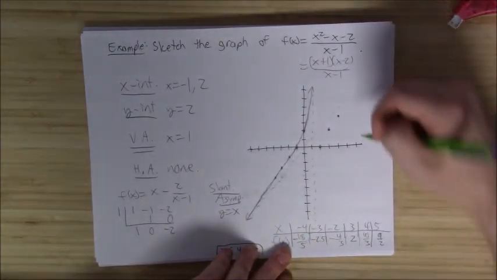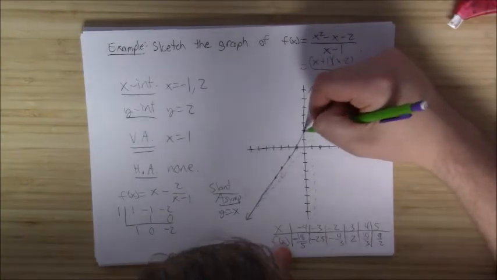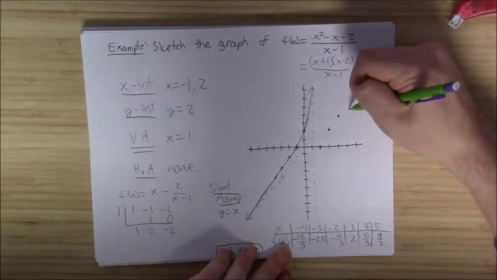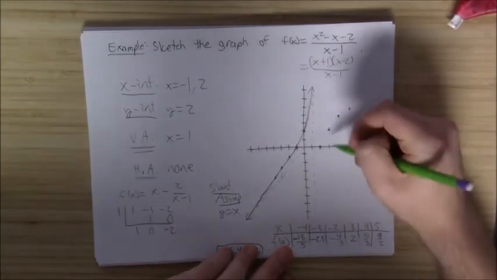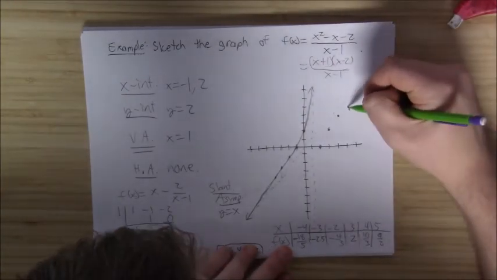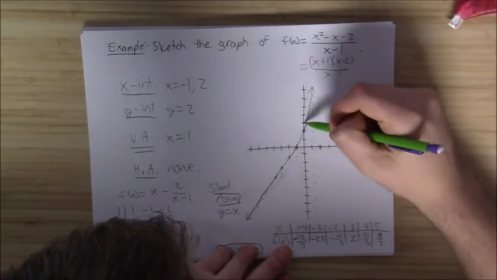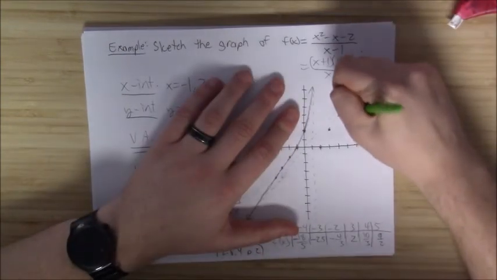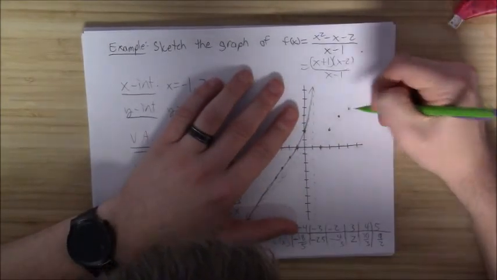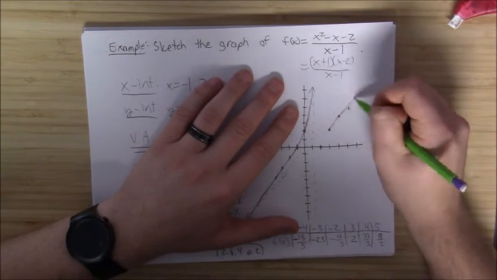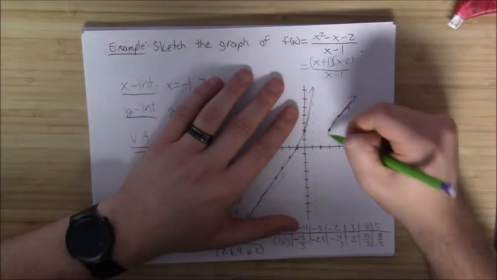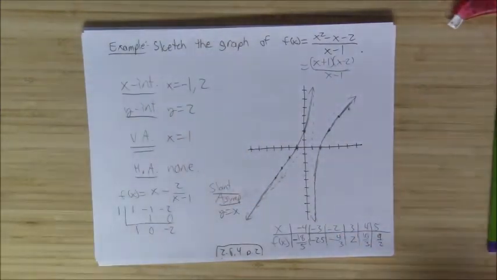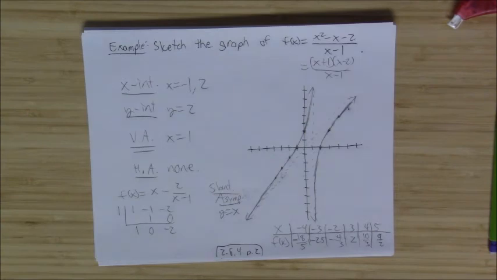And then at 5 we're at 9/2, so 4.5 is about there. In other words, as x goes on, it's going to get close to that, and it's going to get close to this. All right. So it looks roughly like that.